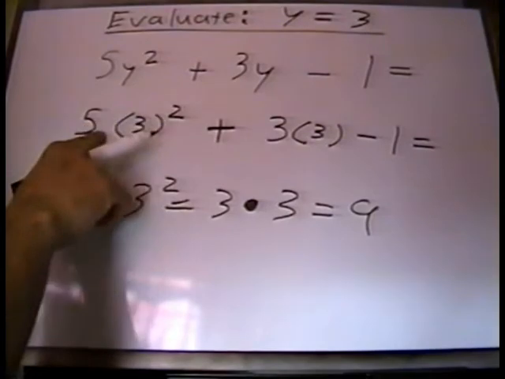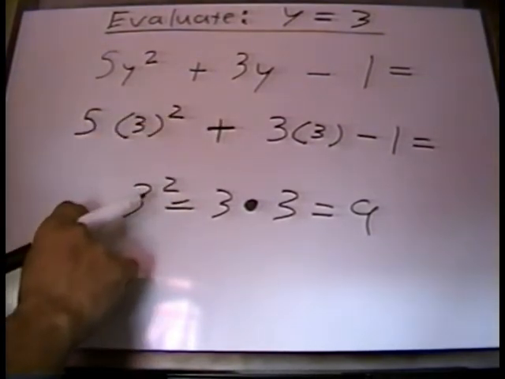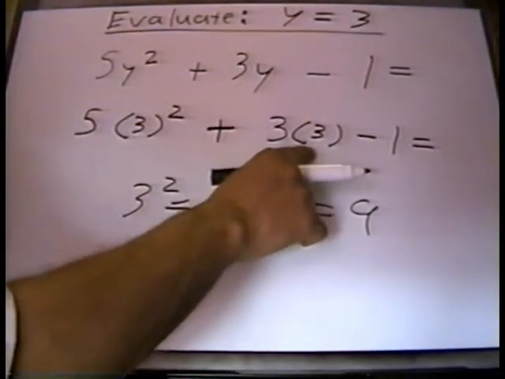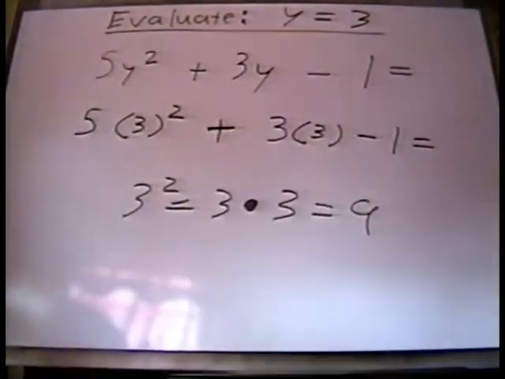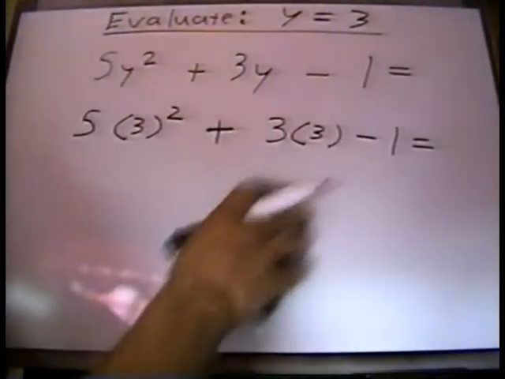So here, we replace this 3 squared with a 9. And here, 3 times 3, that's 3 squared as well. So we're going to replace both of those with 9s.